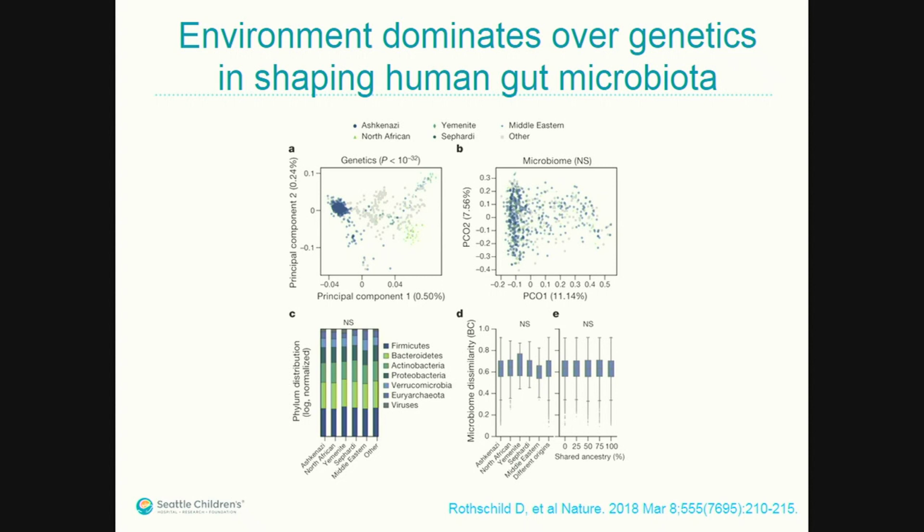And they looked at their microbiome as well as environmental factors. And what they found, similar to the animal studies, was that really genetics did not play a strong role in determining your microbiome, but your environment did, and diet being one of the more important components of your environment.